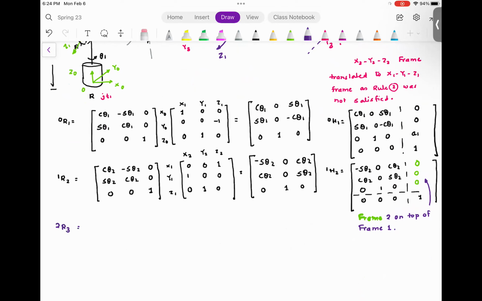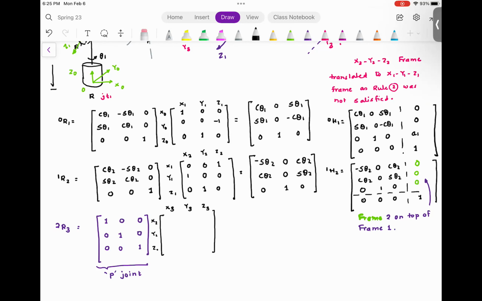2R3. Please note, this is going to be 1 0 0, 0 1 0, 0 0 1, because this is a prismatic joint, a P joint. But even though it's a P joint, you are going to have x3, y3, z3, x2, y2, z2.